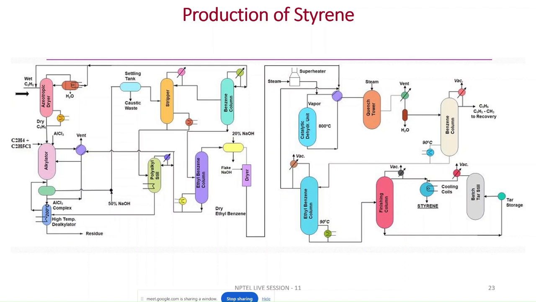We are going to discuss the flowchart of styrene production from benzene and ethylene.